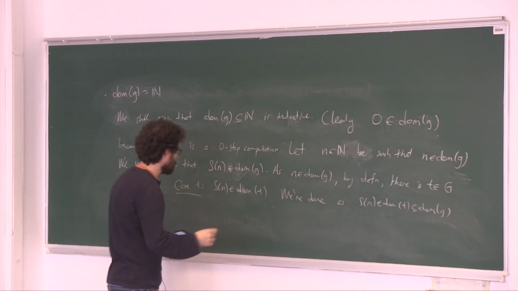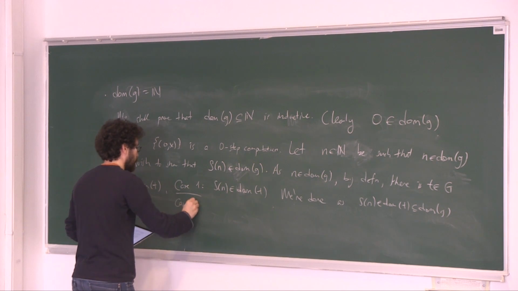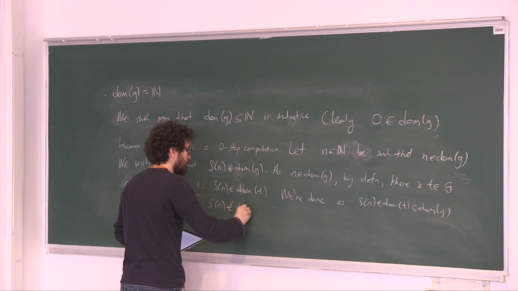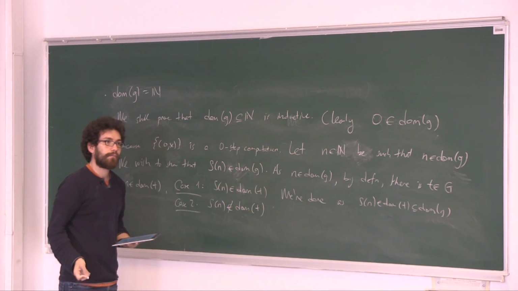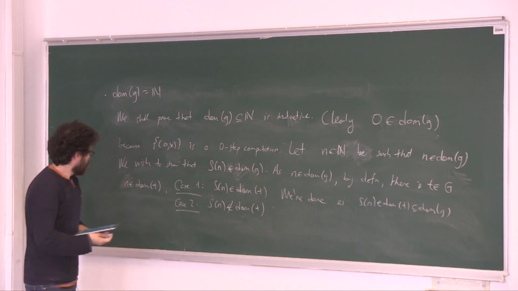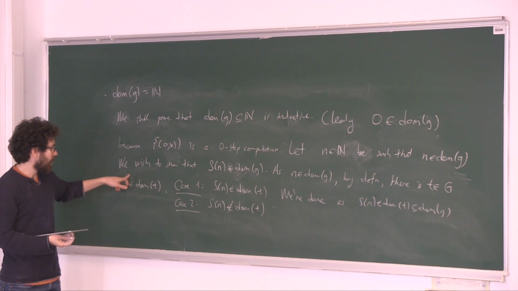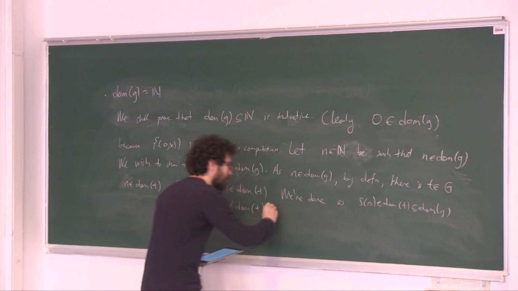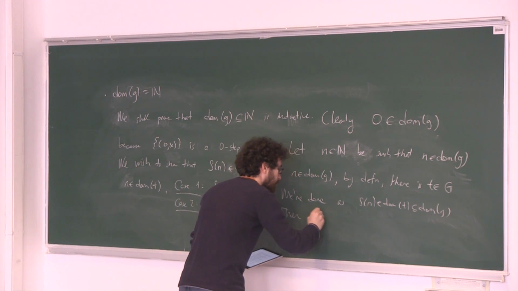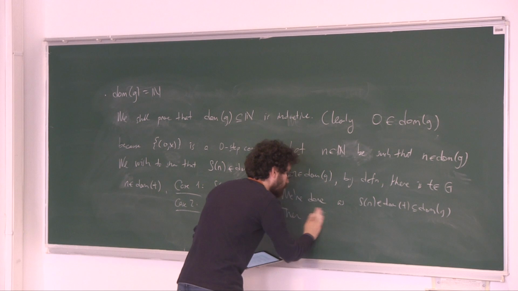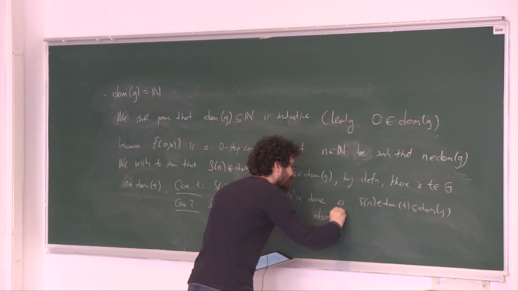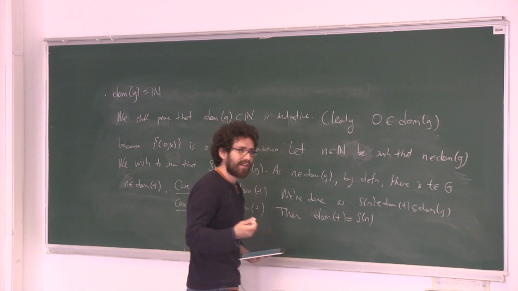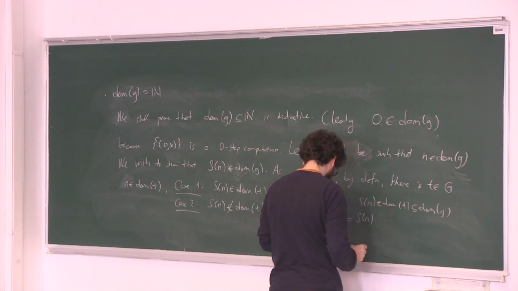We're lucky. Let's look at the case where successor of n is not in the domain of T. So n is in the domain of T, successor of n is not in the domain of T, which means that domain of T is S of n. So T is an n-step computation.